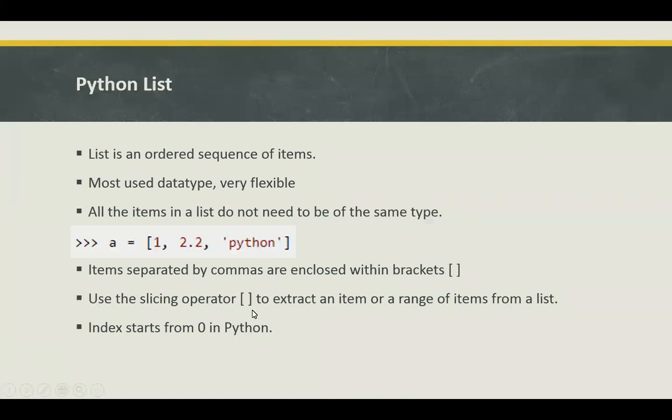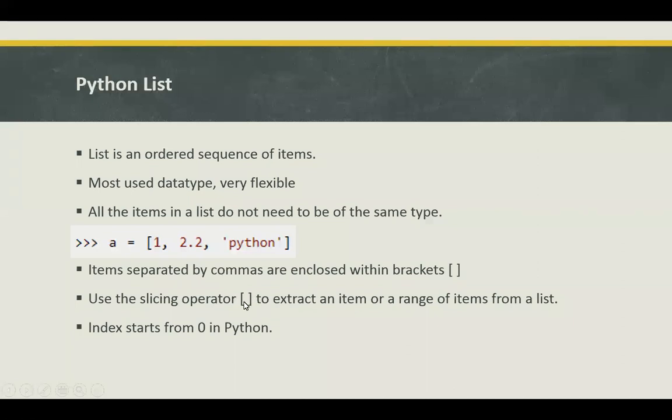Use the slicing operator to extract an item or a range of items from a list. Suppose this is a list, and you want to extract this item. It is at position number 1, because 0, 1, 2. So this slicing operator is available. If you want to extract number 1, you put A of 1.